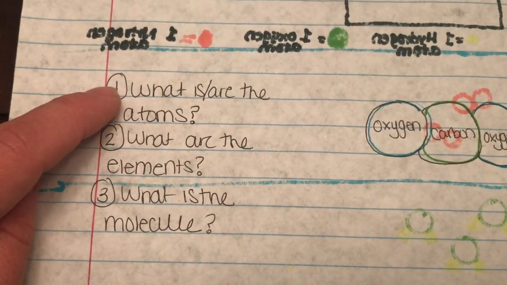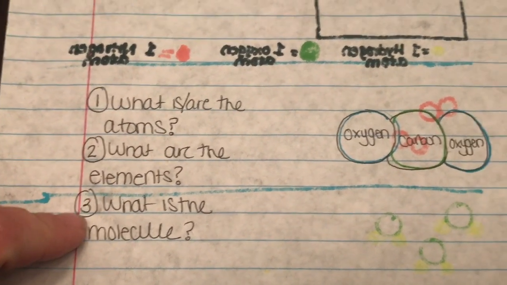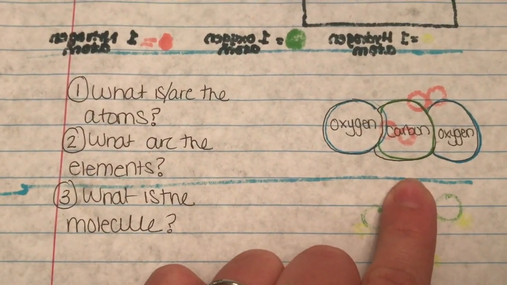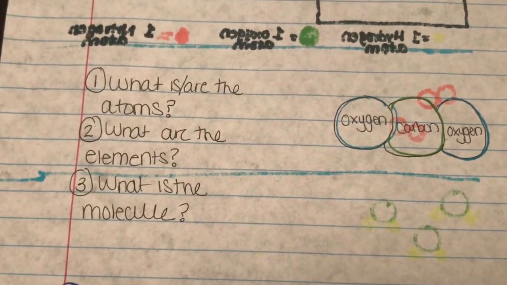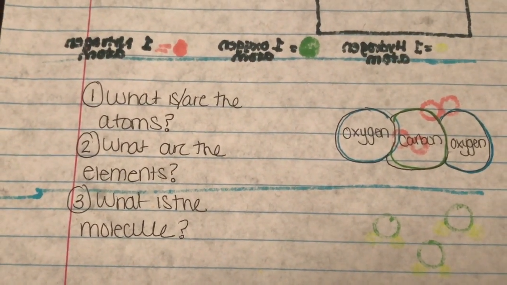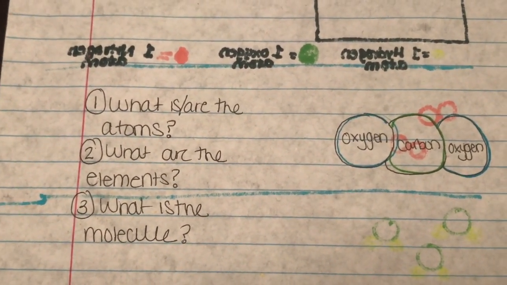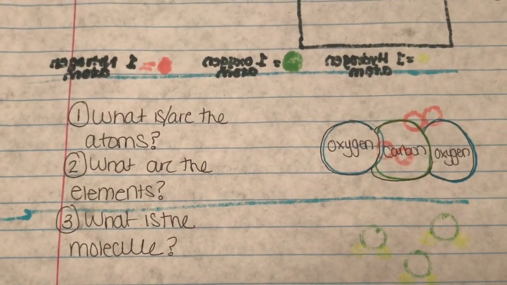What is or what are the atoms? What are the elements? And what is the molecule for this image right here? And then once you have that in your notes, take your time to write down your answers. And then pause this now so that I don't give away the answers before you can actually answer it. So pause the video.